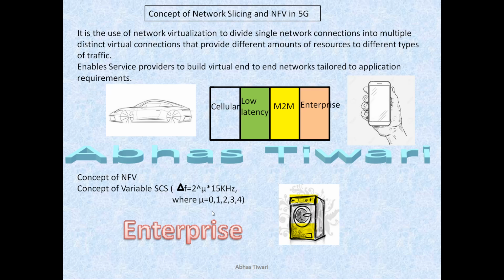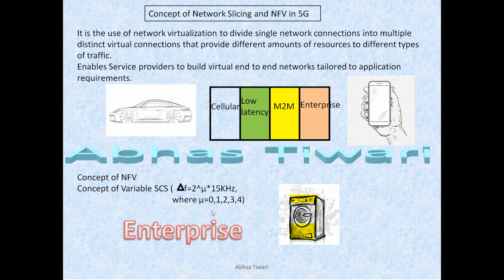Why is this varying subcarrier spacing required? Because of the different kinds of requirements introduced in 5G. Like we have IoT and M2M communication, where we don't require too much throughput.